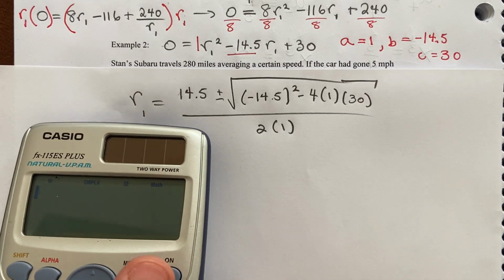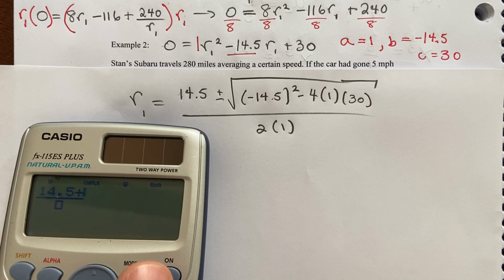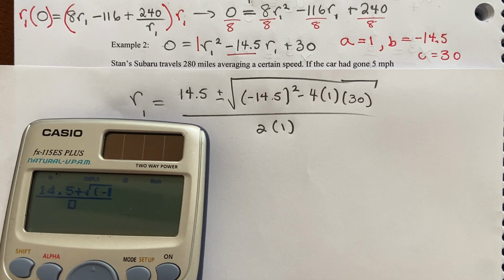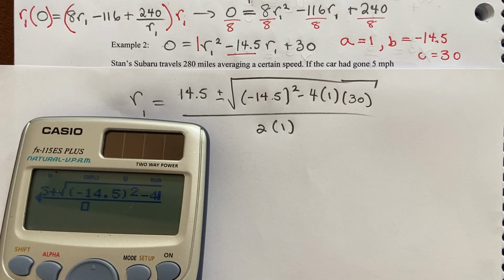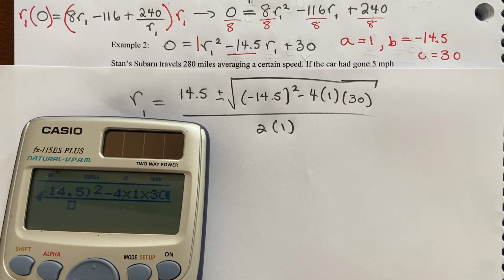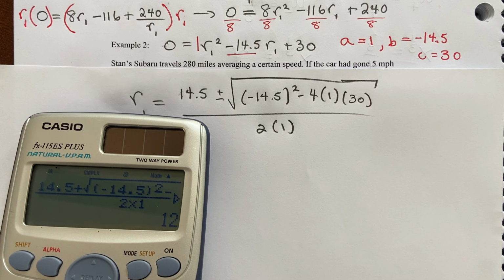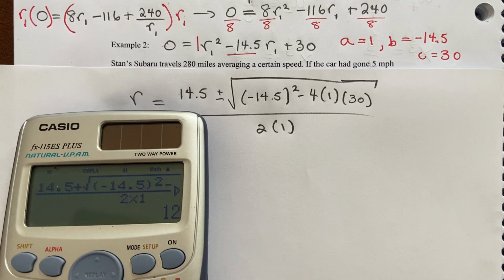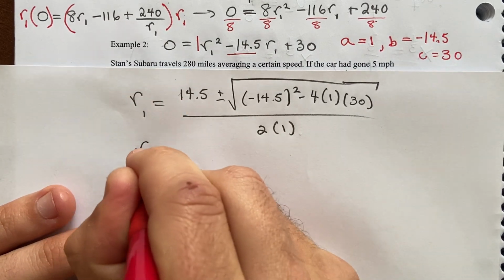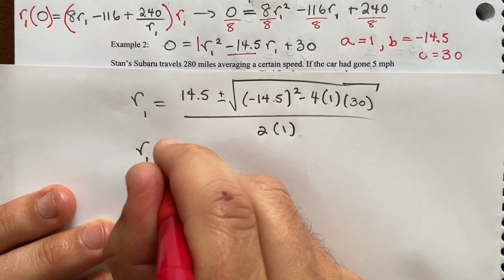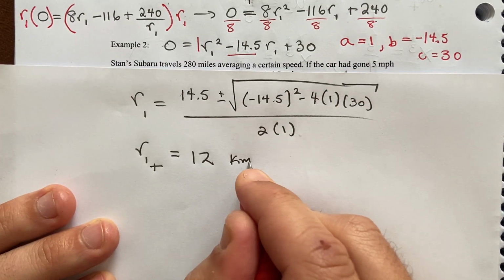So I'll type that in now. So fraction 14.5 plus square root negative 14.5 squared minus 4 times 1 times 30 all over 2 times 1. So I'm getting 12 for the plus case. So R1 plus, if you will, is 12, and this would be kilometers per hour.